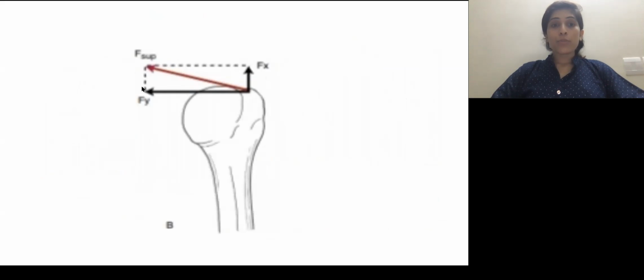That helps to produce the abduction motion in a very easy way. This Fx will get compensated or neutralized with the help of gravity. So here, pure rotation motion is possible with the help of supraspinatus.